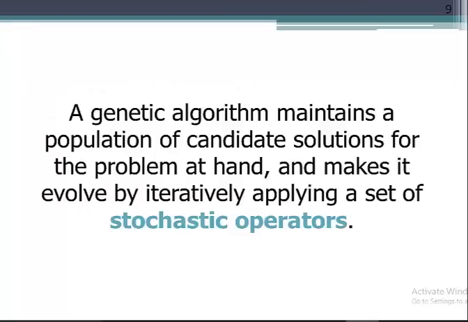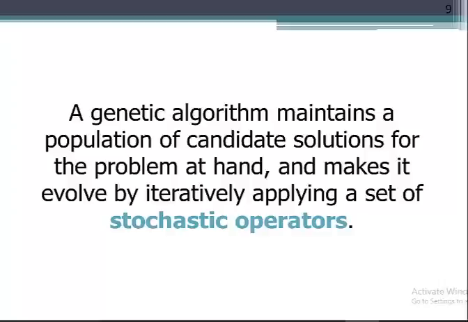So, in short, a genetic algorithm is an approach for finding the optimal solution for a problem, for any problem. It is not designed particularly for clustering, or for classification, or anything else. It is designed to find the optimal solution for any problem, and I have discussed in detail what optimal means. By optimal, we mean the best solution, or the solution which gives the best result, to be more precise.